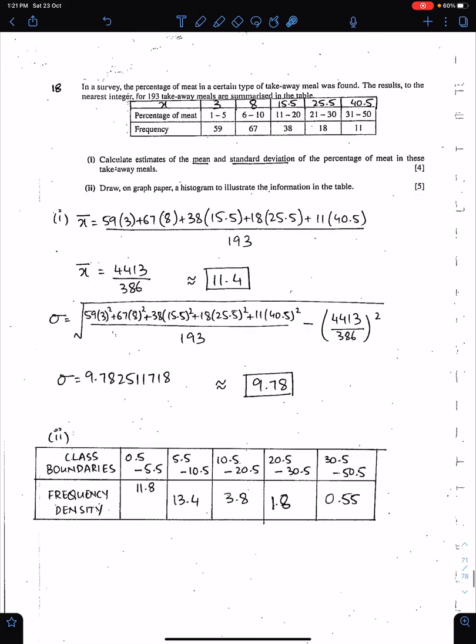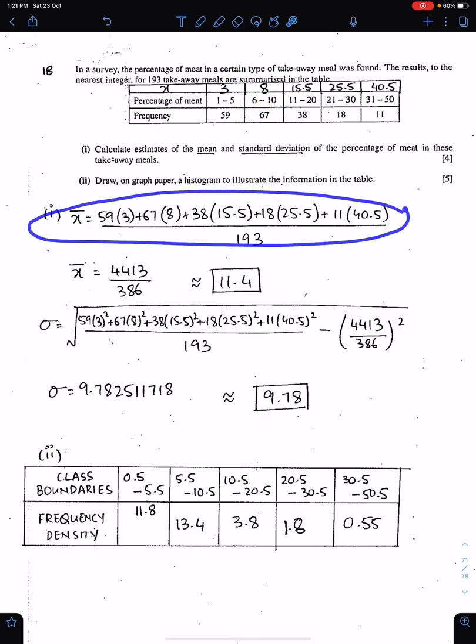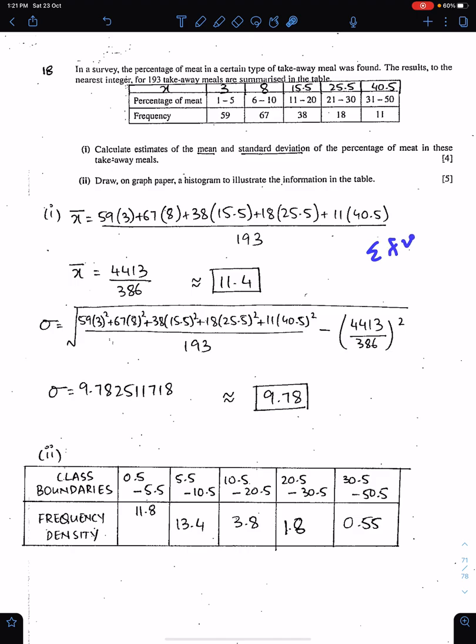Next question. Here we need mean and standard deviation. So for that we need class boundaries and mid values. So mid value of this interval is 3, this interval has 8, and so on. So this is the way to calculate mean: sigma fx over sigma f.